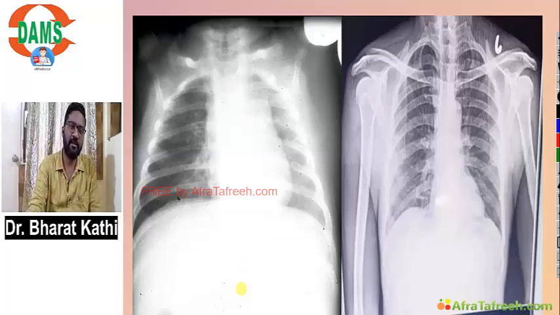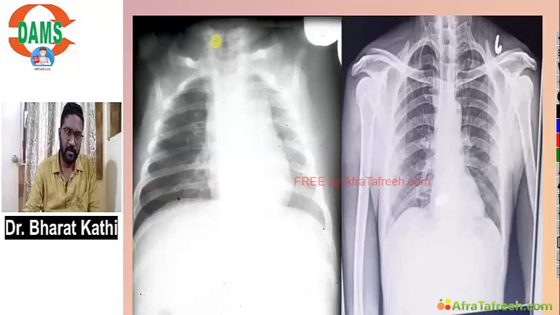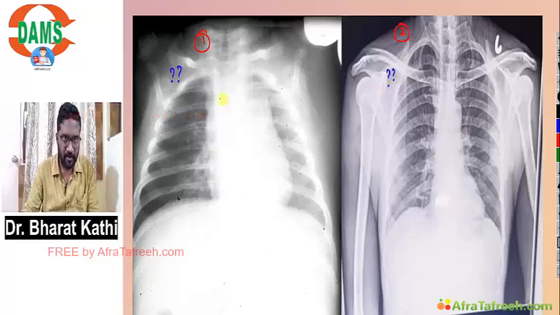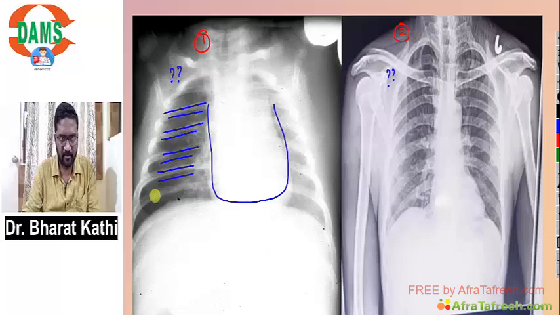So you tell me, this is the first X-ray and this is the second X-ray. What is the first view? What is the second view? Is it PA view or AP view? Now you see here, there is apparent cardiomegaly and the ribs are appearing more horizontal.